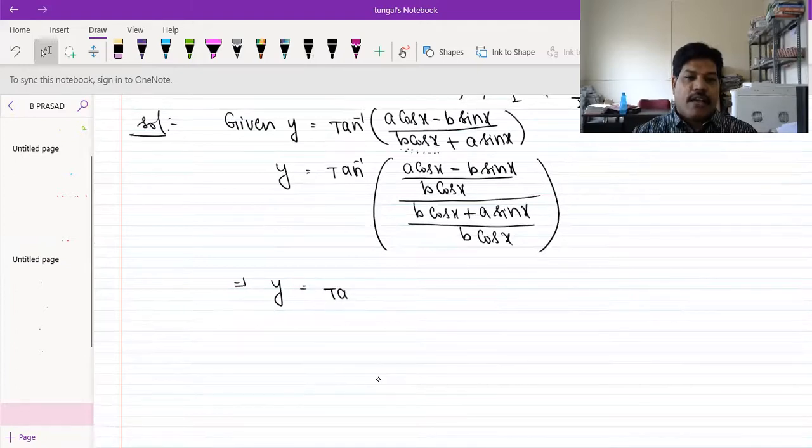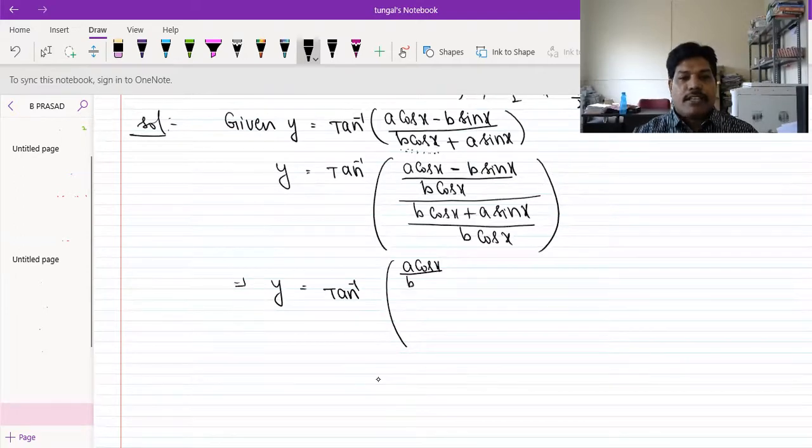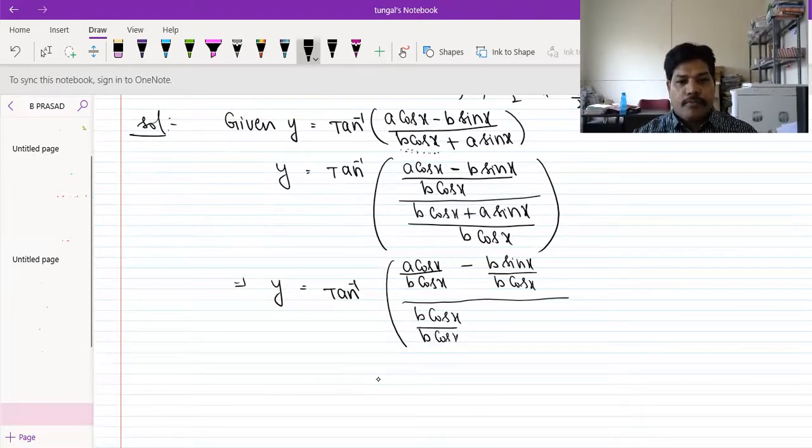So see this in the next step. You can understand that tan inverse of, split the terms. What happens? a cos x by b cos x minus b sin x by b cos x, whole by b cos x by b cos x plus a sin x by b cos x.